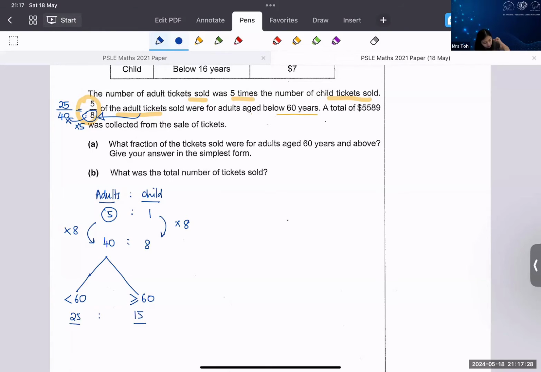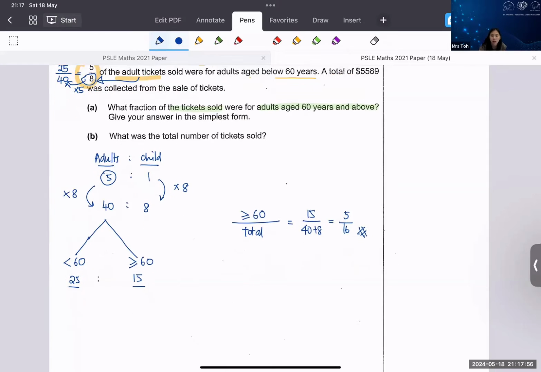So what fraction of the tickets sold were for 60 years and above? You want 60 and above out of the total. That will be 15 out of 40 plus 8, which is 48, and that will give you 5 out of 16. Okay, so that is your 1 mark.